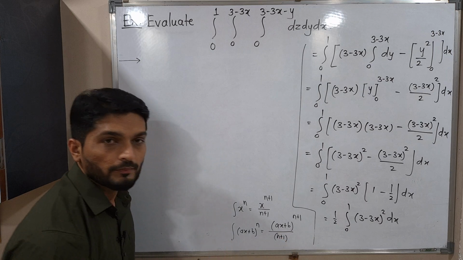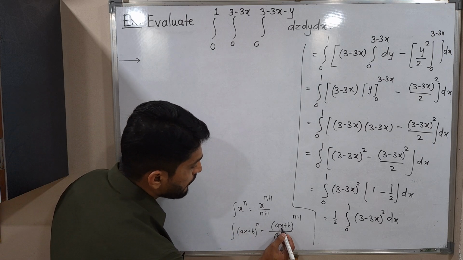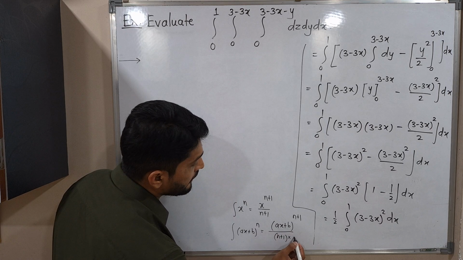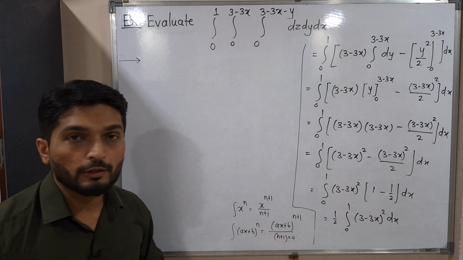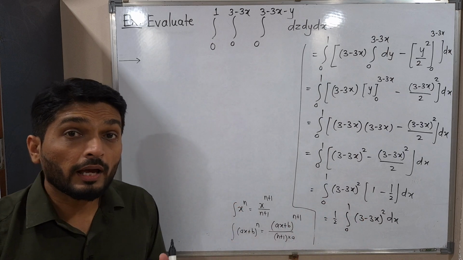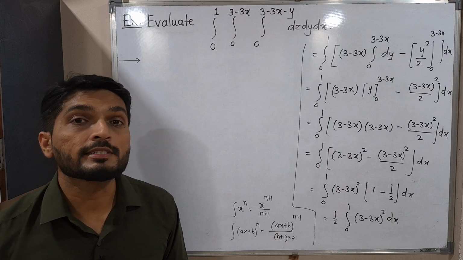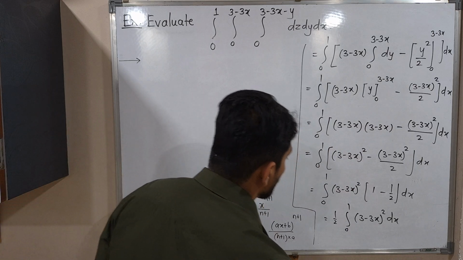Getting the point? Same formula. But the condition is, whatever the multiple of x, what is the multiple of x? A. That thing should be written in the denominator. So this formula I am going to use here. So directly we will get the answer and it will save our time. Okay. So let us use the formula.